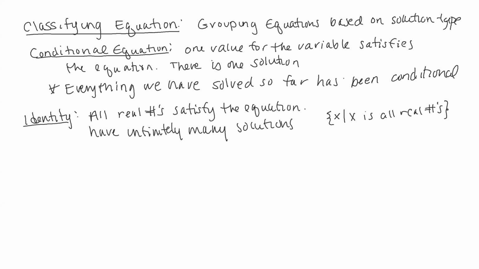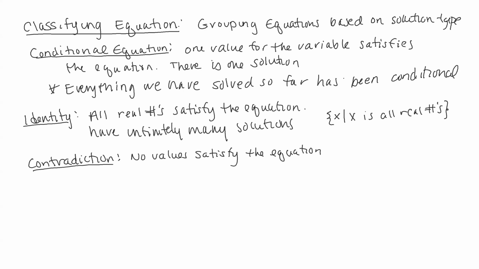The second type of special equation is a contradiction. And the issue here is there's no value that satisfy the equation. So no values satisfy the equation. These equations have no solution.